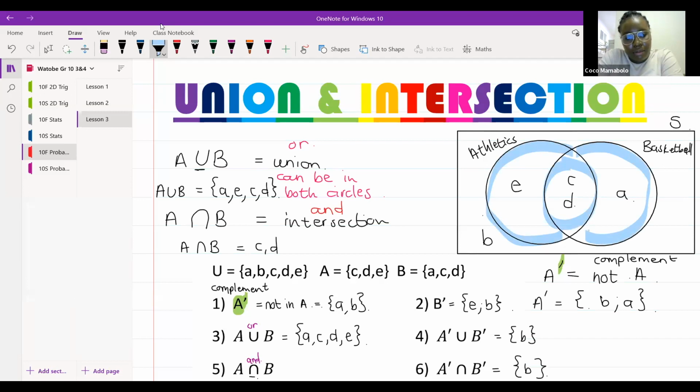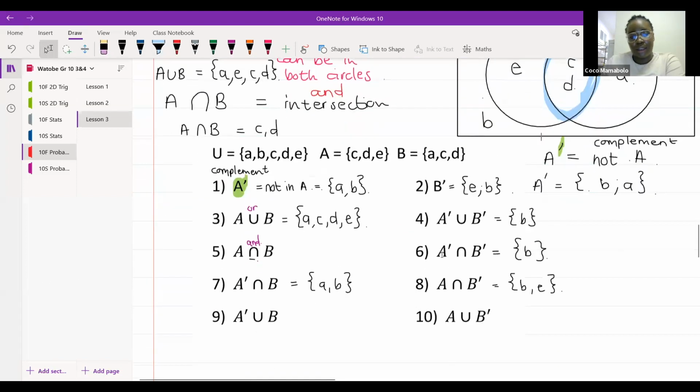So that's the union. The intersection is you have to do athletics and basketball in order to qualify. So athletics and basketball is only the people in between because they're the ones who do both. Are you with me? All right. So that's the difference. Did I explain your question? Okay. Cool. Excellent stuff.